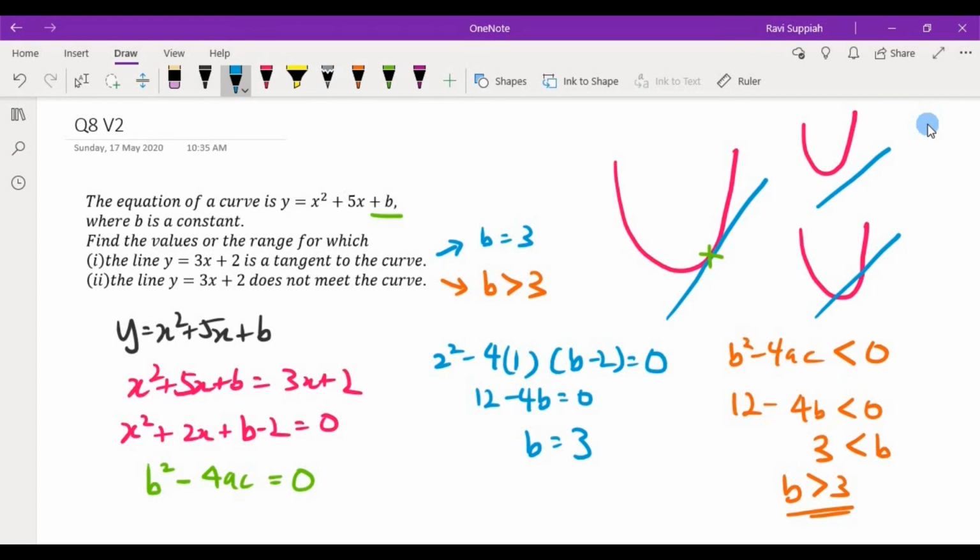For the curve to move upwards, the y-intercept value must keep increasing. When b is equal to 3, they touch, so as long as b is greater than 3, the curve will move higher up, which means they will no longer touch each other. So the second condition where the line does not meet the curve is when b is greater than 3.